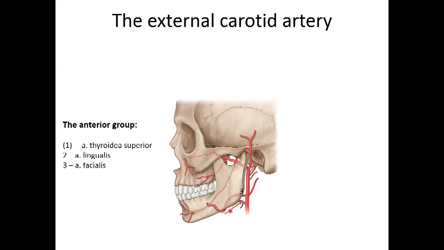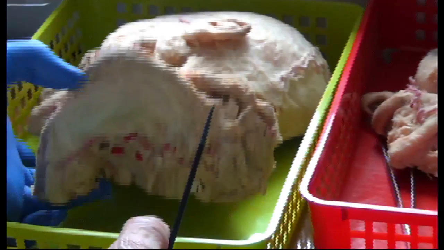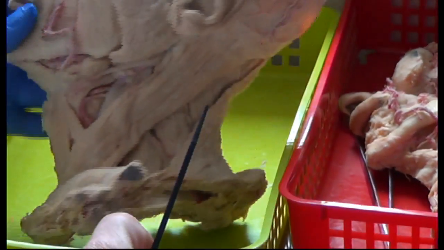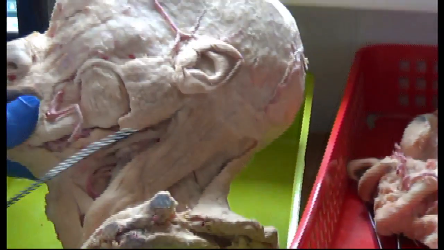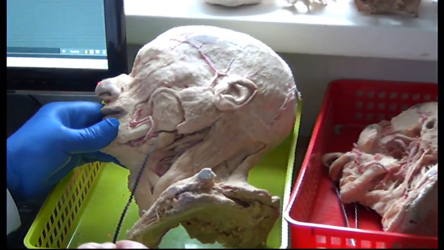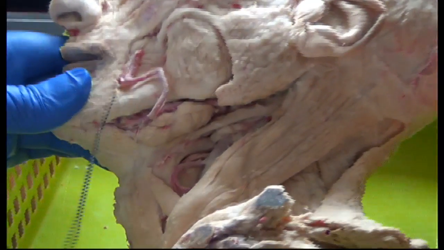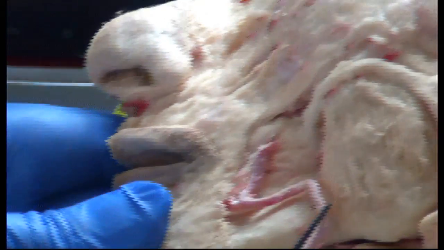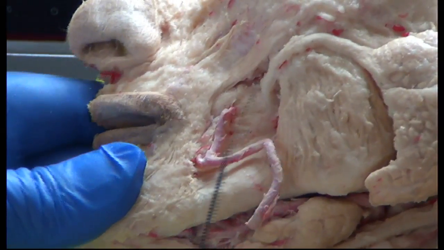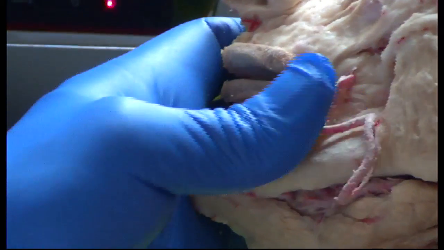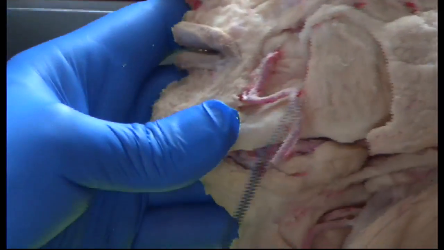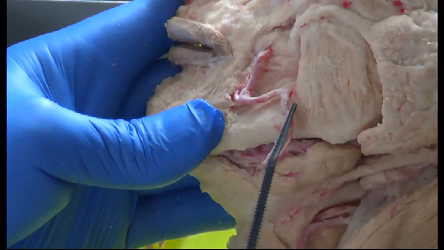So I'm going to demonstrate it in our specimen. I shall use this specimen, and arteria facialis, here it is. Here it is. I said you that it could be palpated in this region. Please try to palpate it here, and you can find a pulse beating.